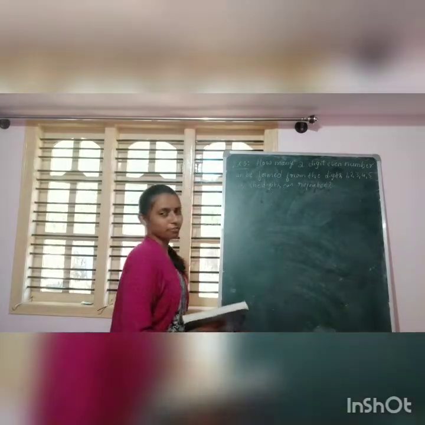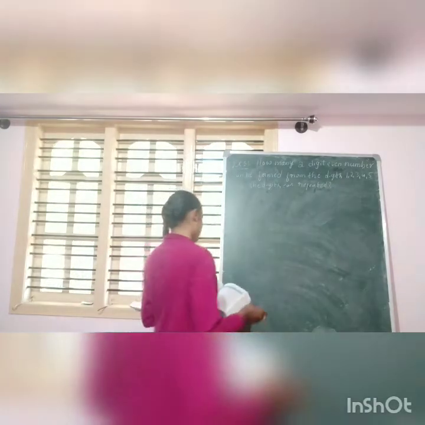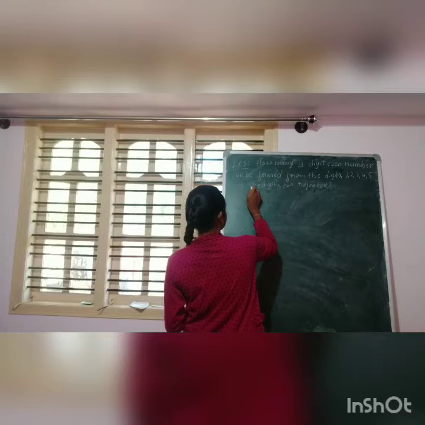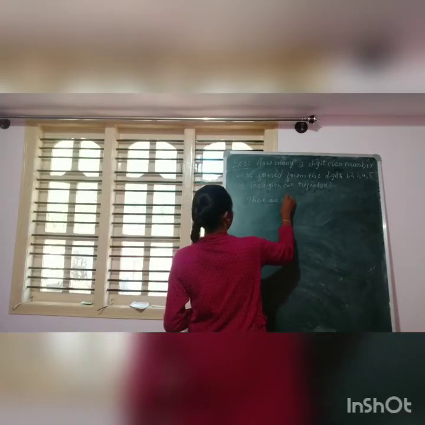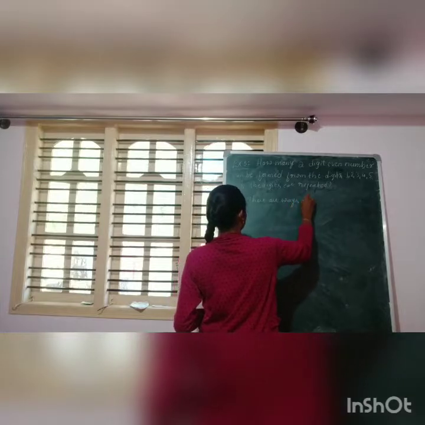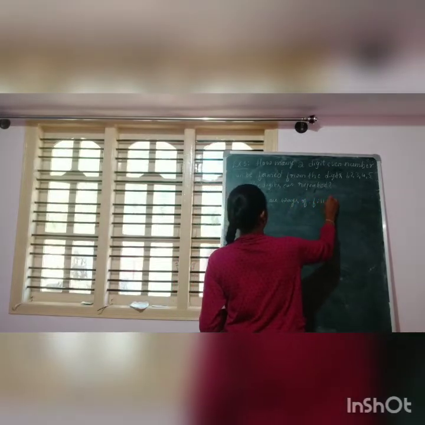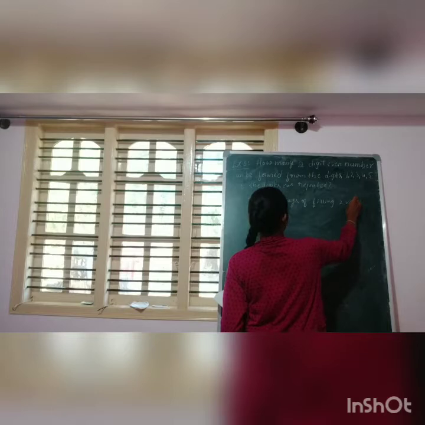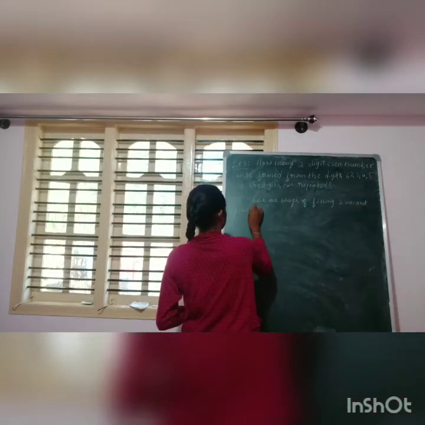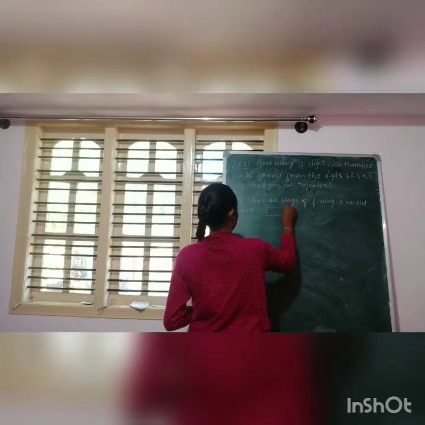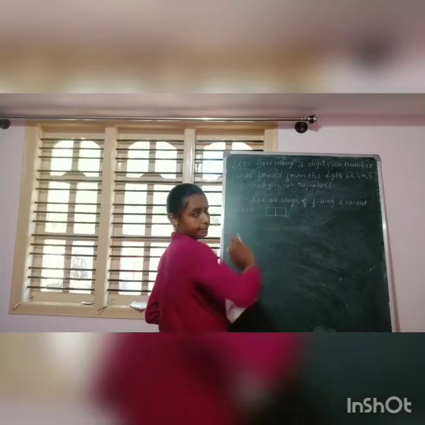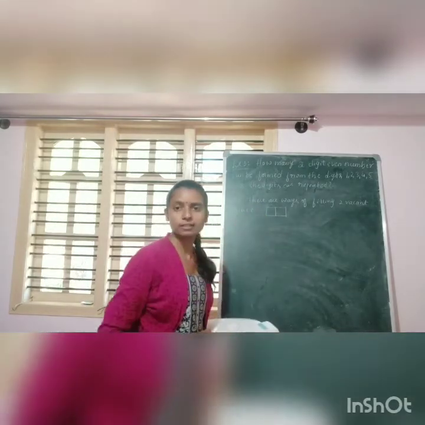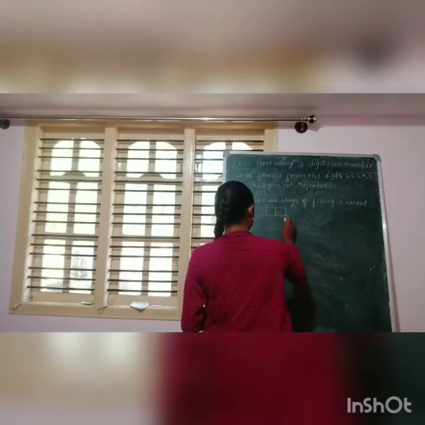So now here we need to write some theory. There are ways of filling 2 vacant places. Take the one on the left as the unit place, and the next one is the tens place.